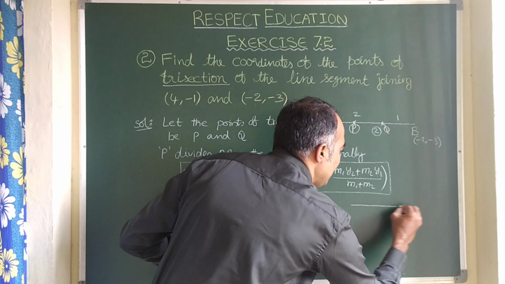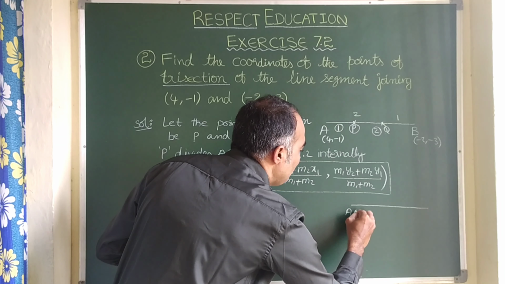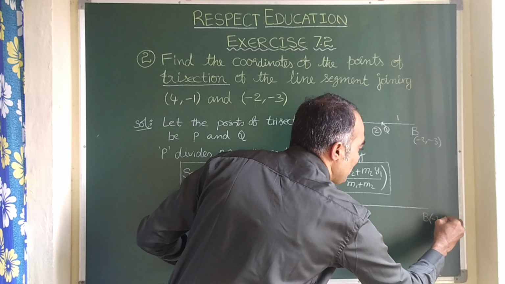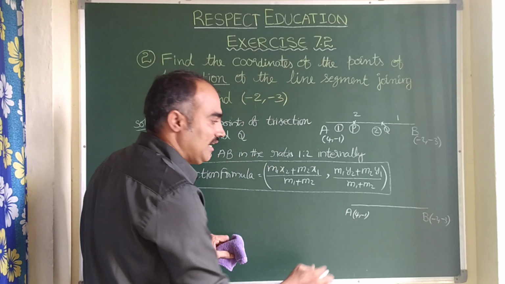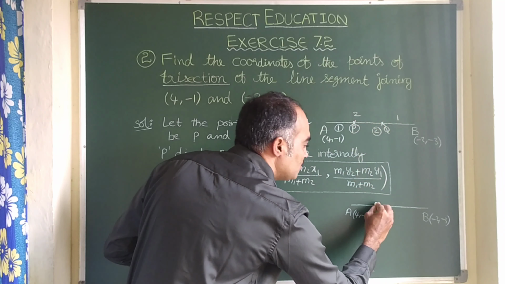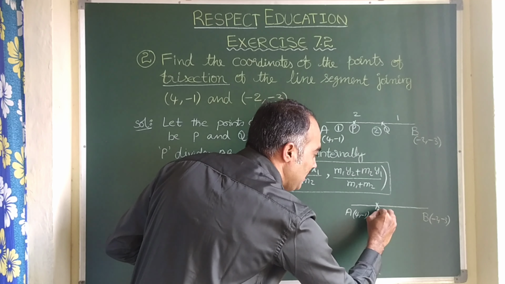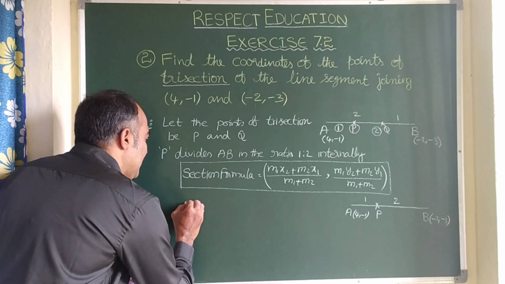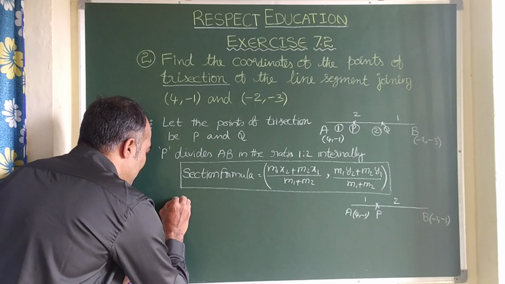This is A (4, -1), here B (-2, -3). I want to take P separately and Q separately. This is P, what we need to find. P divides AB in the ratio 1:2. Clear? So let us find the first point P.